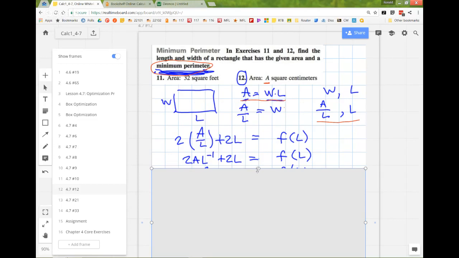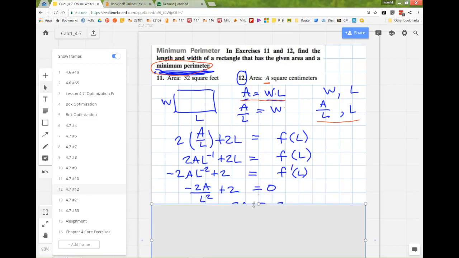Now let's differentiate. Left side, negative 2A, L to the negative 2, plus 2. Set derivative equal to 0. Again, I wrote L to the negative 2 as L squared on the bottom. Subtract 2 from both sides.